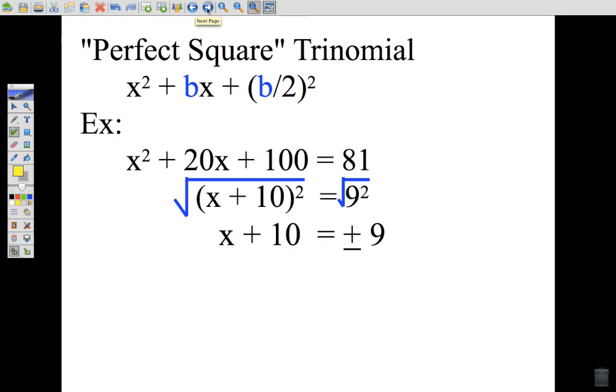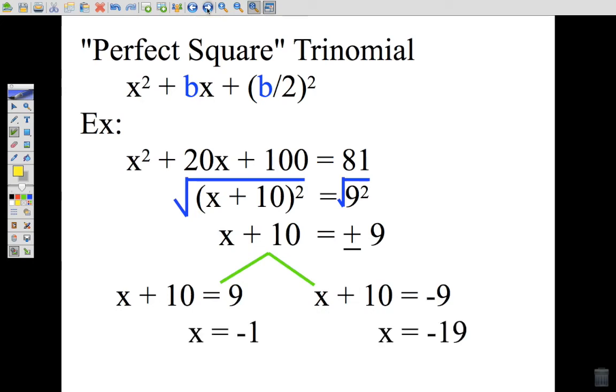Remember, the squaring is our hint that we're looking for at most 2 answers. In one situation, the x plus 10 could equal positive 9, and in the other situation, the x plus 10 could equal negative 9. Subtract 10 from each of these equations, and we have our 2 answers.